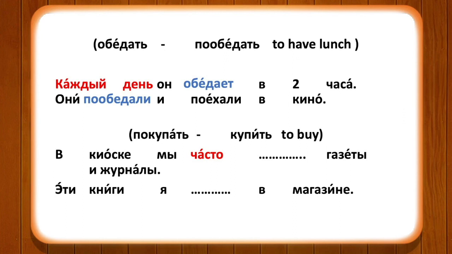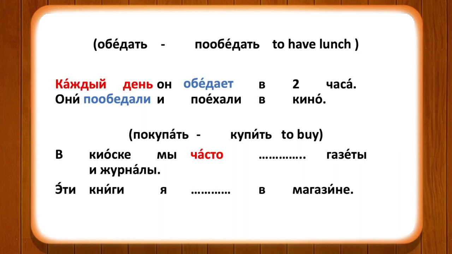In the last sentence, you have to use the verbs pokupat', kupit'. Now here the perfective aspect is formed from a different root. So pokupat', kupit' means to buy, to purchase. Pokupat', kupit', here the imperfective aspect verb is pokupat' and kupit' is the perfective aspect verb. Let us read the sentence.